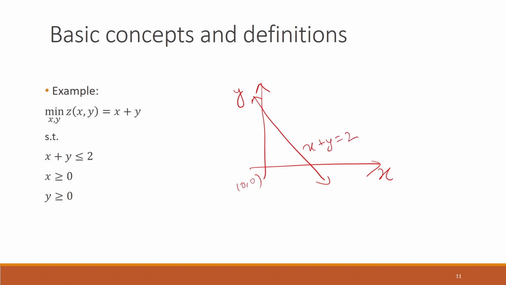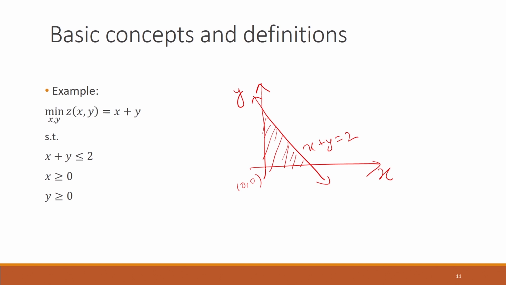Now, the feasible region will be such that it satisfies all of the three constraints. So, the first constraint says that x plus y is less than or equal to 2. So, this means that we have to be on this side of the line here, and the last two constraints say that we have to be in this first quadrant here, and therefore, the feasible region will be denoted by this shaded portion.